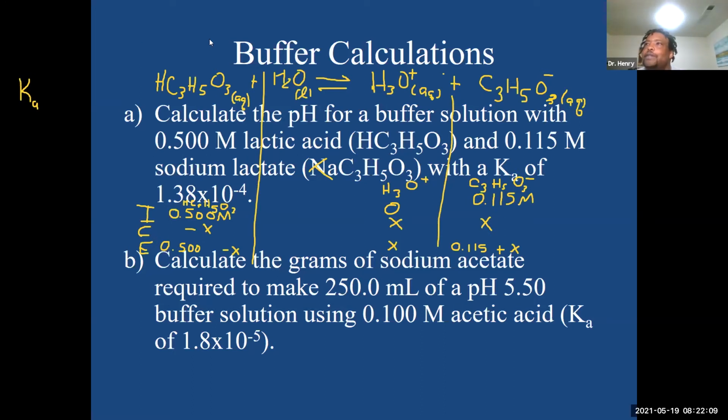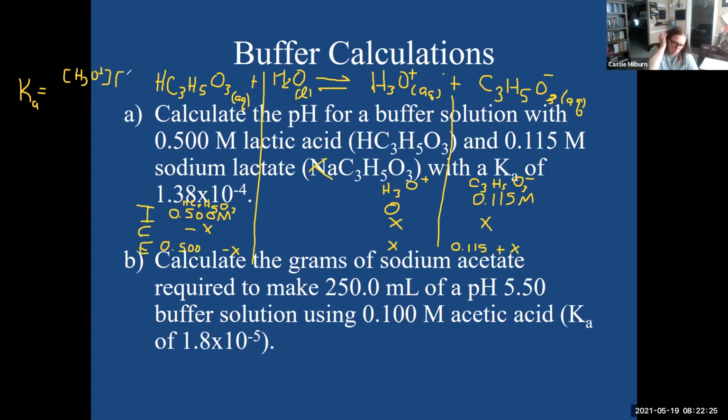Right, Taylor. Go girl. Keep it up. Okay, so we have products over reactant. So we'll have the concentration of H3O plus times C3H5O3 minus.